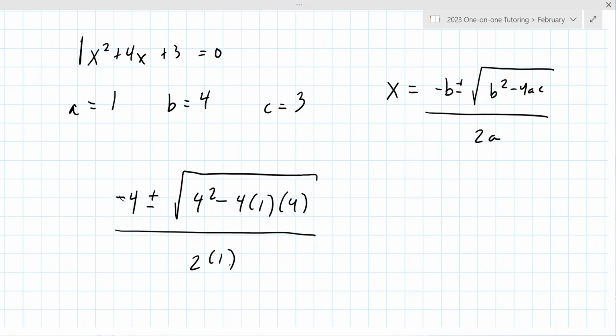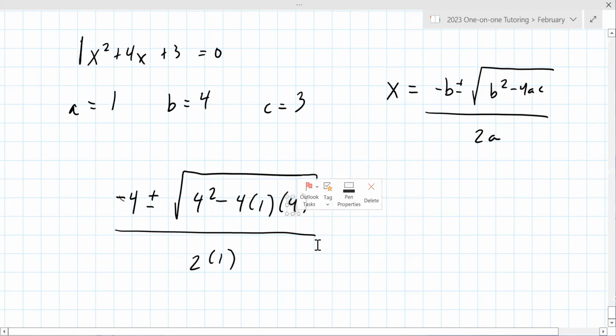Multiply all of it together. Sorry, c is 3. I don't know why I put 4 in there. Yeah, that's what I put down. That works out nicer.